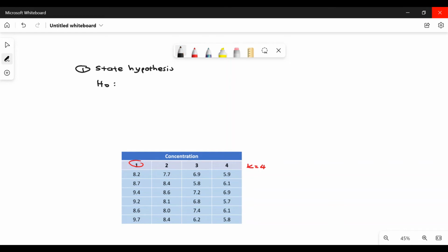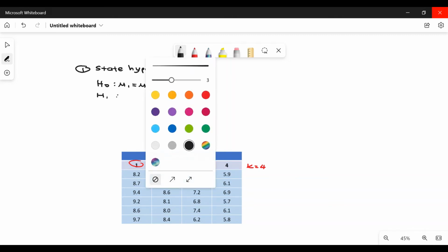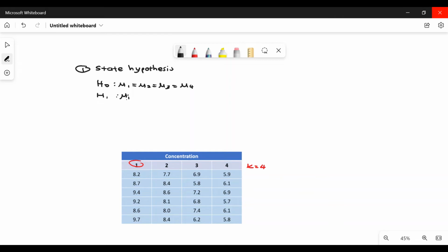So all the means are equal, which means that mu1 equals mu2 equals mu3 equals mu4. And for the alternative hypothesis, it would be mu i not equal to mu j for at least one pair i, j. So this will be our hypothesis.